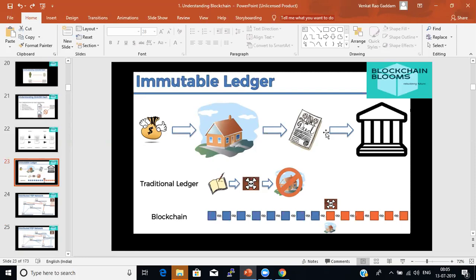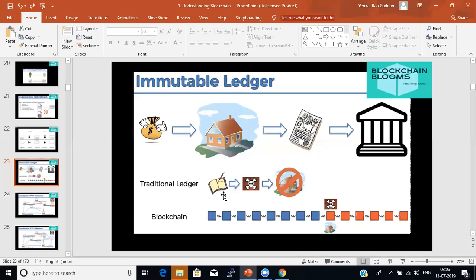And this transaction, whatever is happening in the current system or the traditional ledgers, let us assume it is recorded in the books of the registration office or the traditional databases. So there is a chance to delete the page, or to delete or modify the transaction by someone else, whether it is an internal administrator or an external hacker. So this is the current issue in the traditional ledgers.